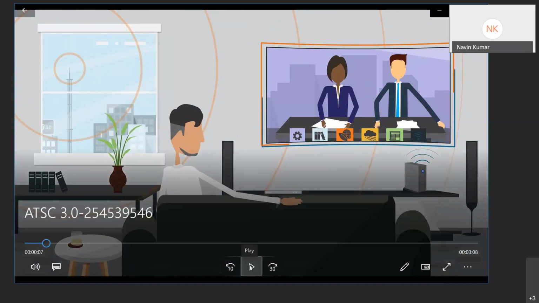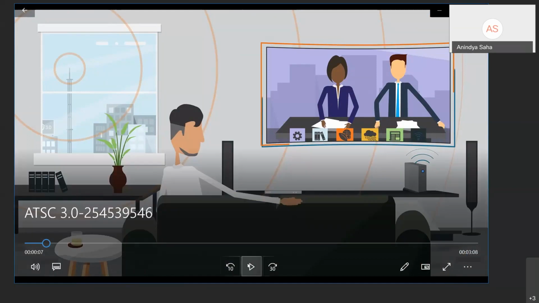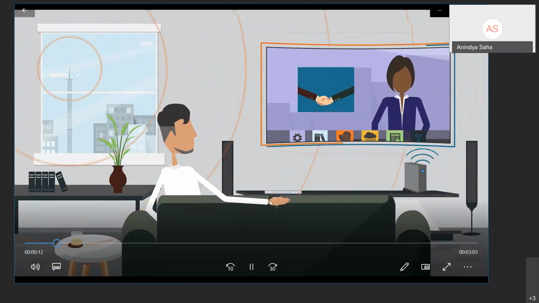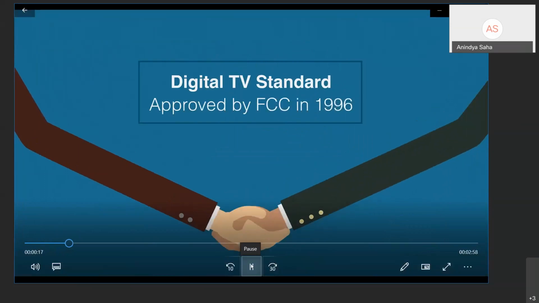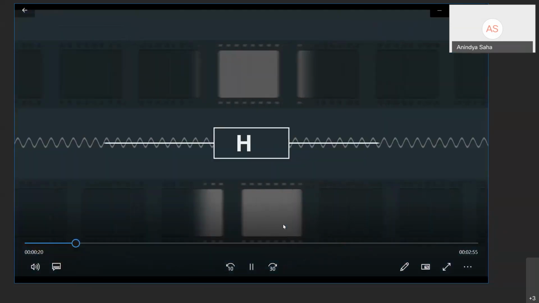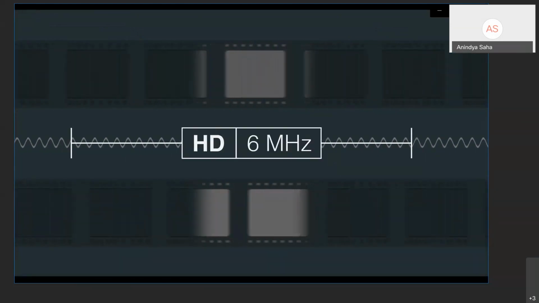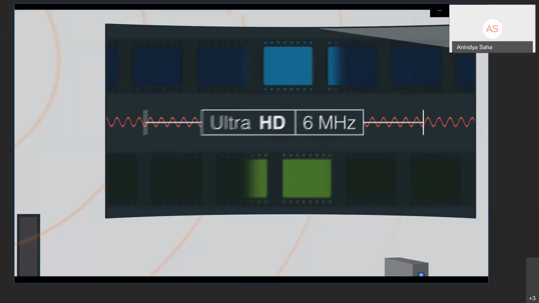So basically, this is already on the next gen website. So essentially, it talks about the different services that are enabled. So I can keep it on mute and talk through it. So this is talking about FCC's approval, and it is talking about how within 6 megahertz from HD you could go to Ultra HD.